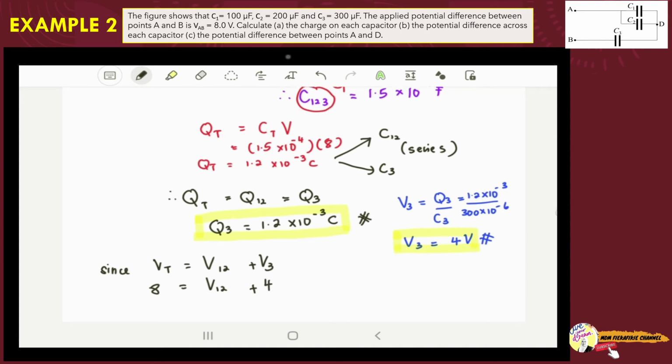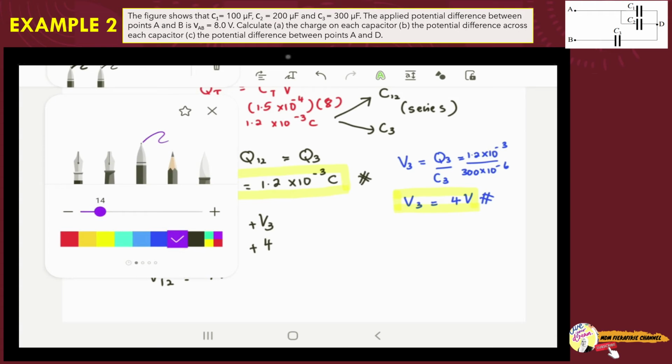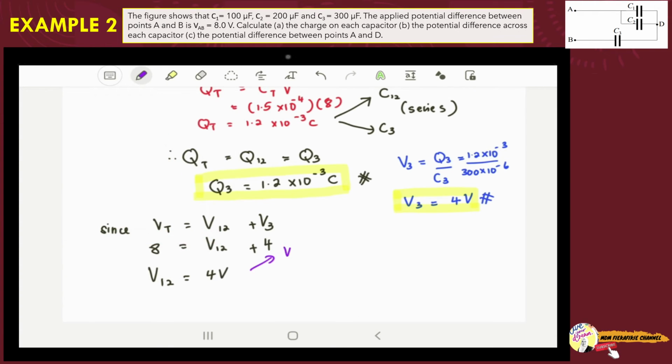Okay. And V12 is equal to 4 volt. Alright. And remember that V12 is the combination of two capacitors that are in parallel.